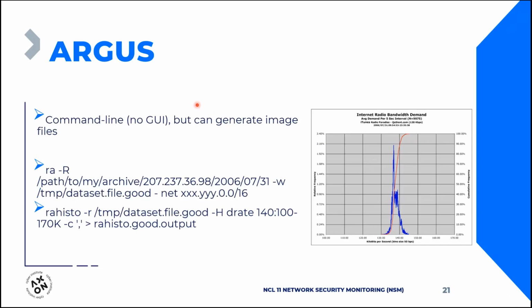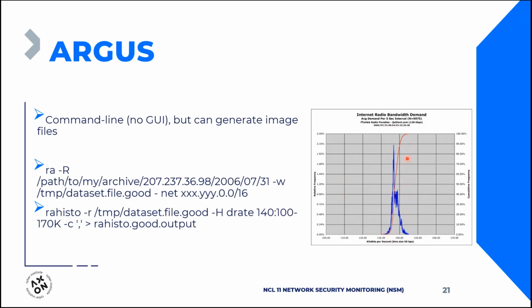Here are examples of the graphs that can be generated by Argus. So you have to write sophisticated, sometimes difficult to remember command lines in order to generate a graph about what's going on in the network.